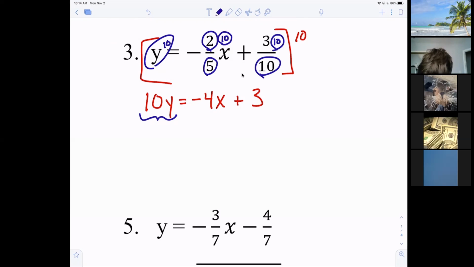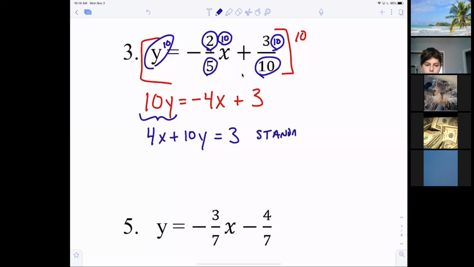That's the best I can do, guys. Now, to write it in standard form, I need to pick up the negative 4x and move it to the other side. If I move it to the other side, it becomes positive. So I end up with 4x plus 10y equals 3. That is standard form.